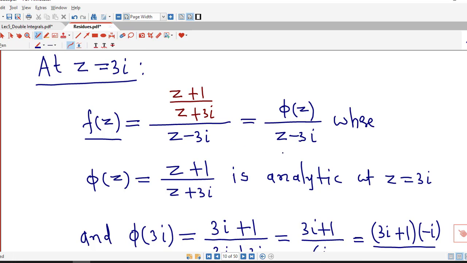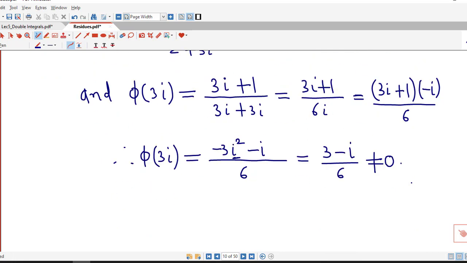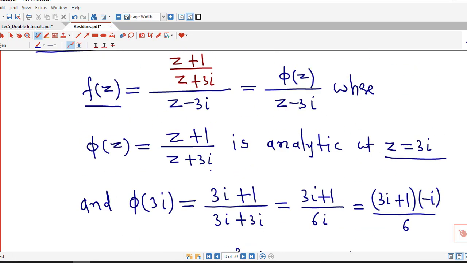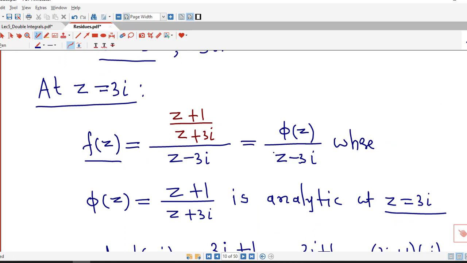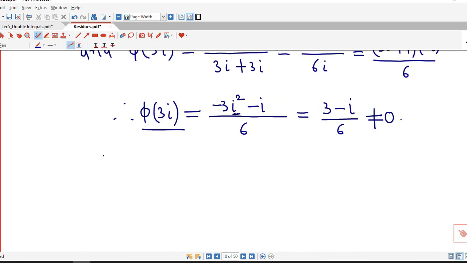So now we have written our function f of z in this form: phi of z over z minus 3i, where phi of z is analytic at z equal to 3i and the value of phi at 3i is non-zero, and here the power of z minus 3i is 1. Therefore we can say that z equal to 3i is a pole of order 1 of f of z.